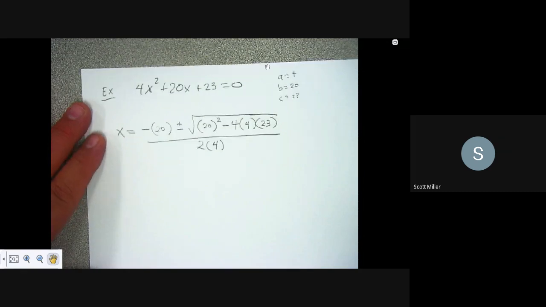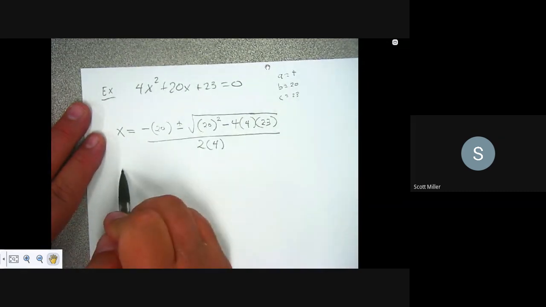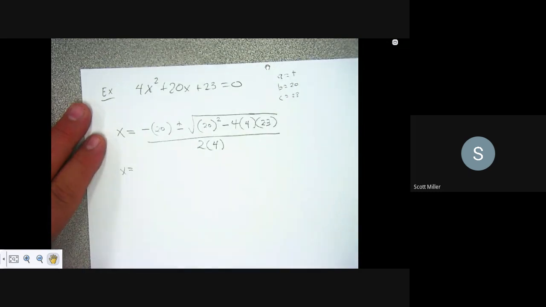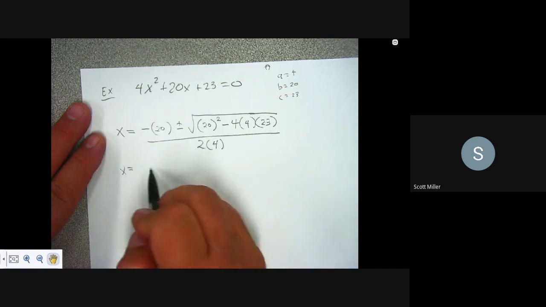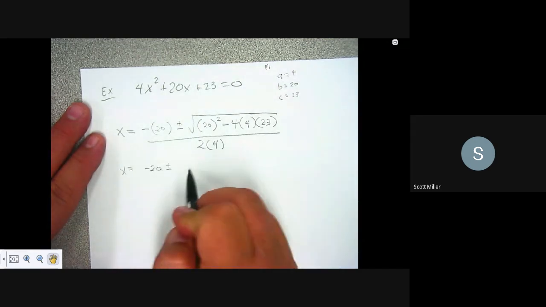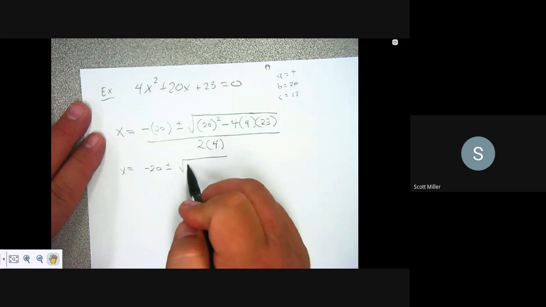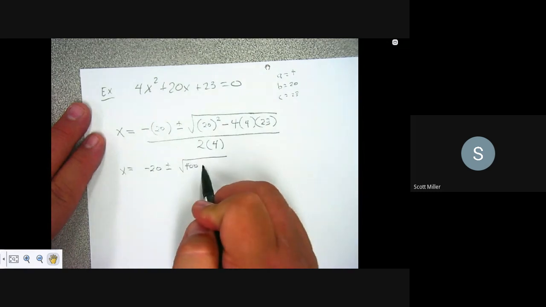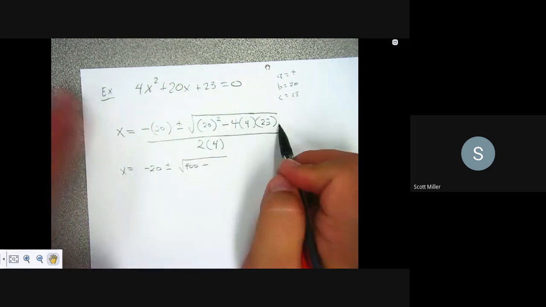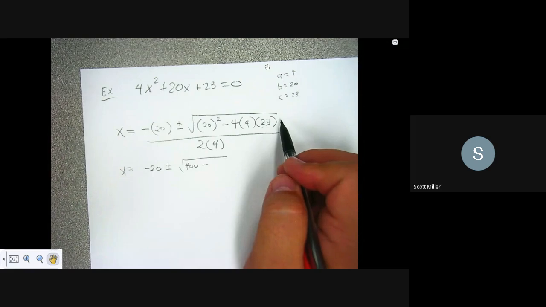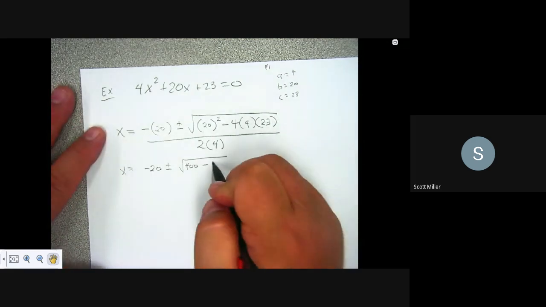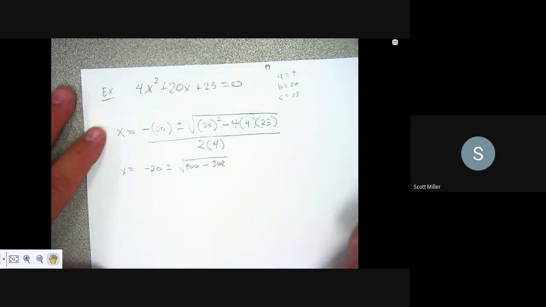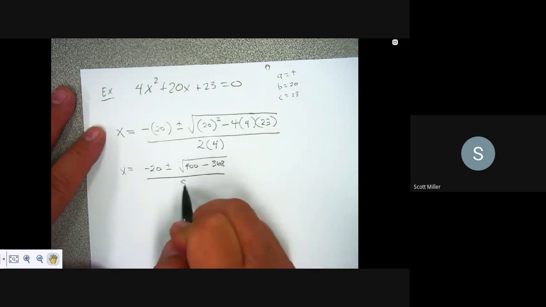At this point, you want to simplify things out. You want an exact answer, and then you can do an approximate later, but the exact answer is what you're shooting for. So we need to clean all this up. And you can use the calculator to assist you. 400 minus whatever this is over here. You can multiply it all out in the calculator if you need to. 8 is on the bottom.